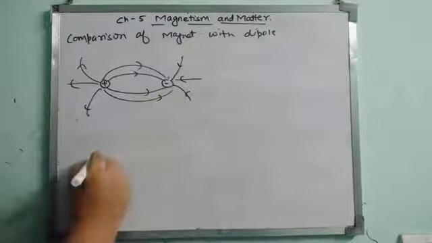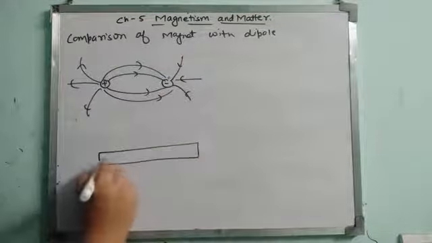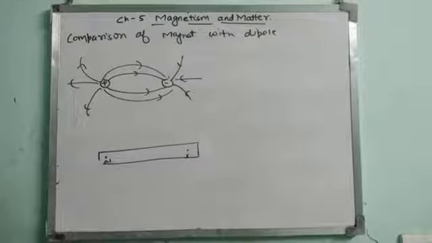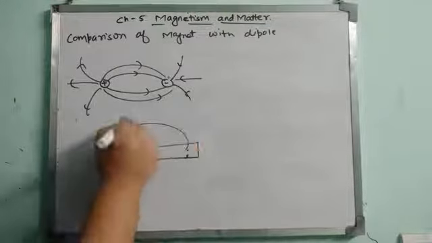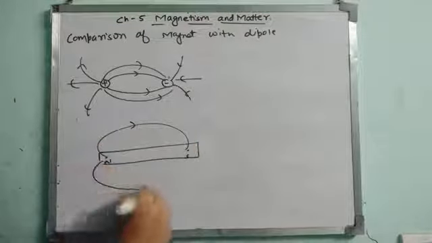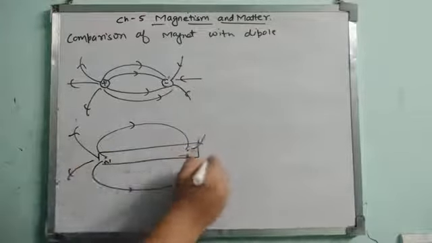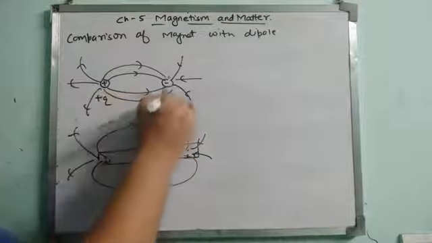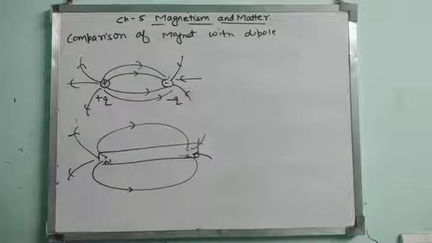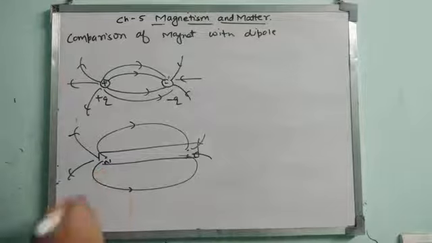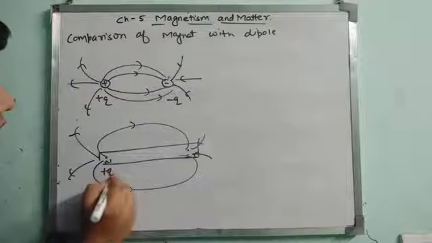Similarly, if you compare the magnetic field lines of a bar magnet, then magnetic field lines come out from the North Pole and enter the South Pole outside, like this. So we can assume that the North Pole is behaving like the positive charge.